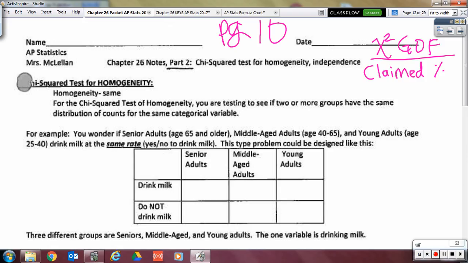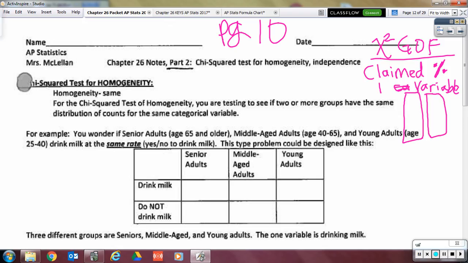We had a claimed percent, and so that helped us know what the expected counts were. We did those in columns because we just had one category, one variable. So we had two lists, counts and your expected counts.